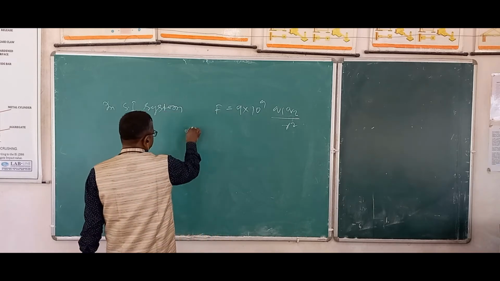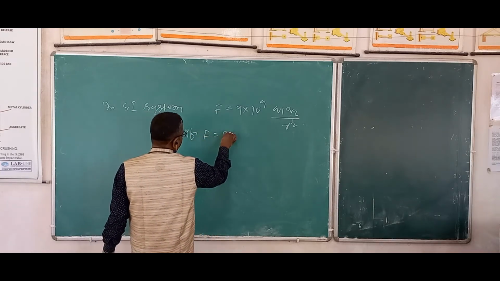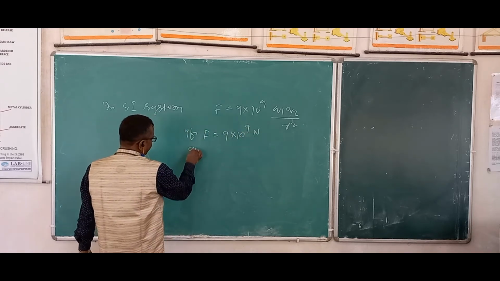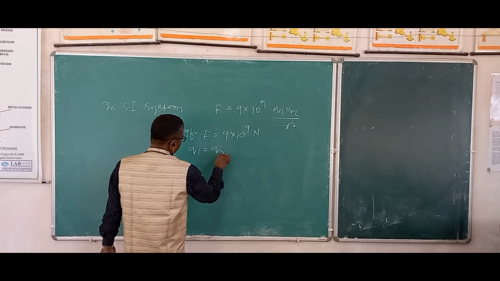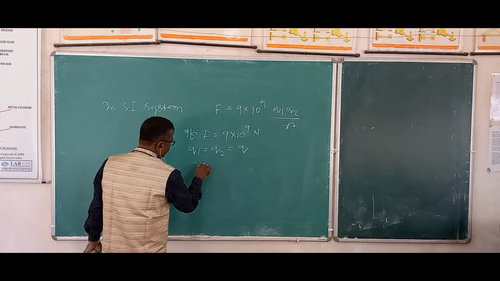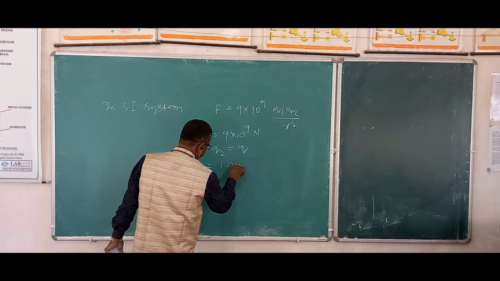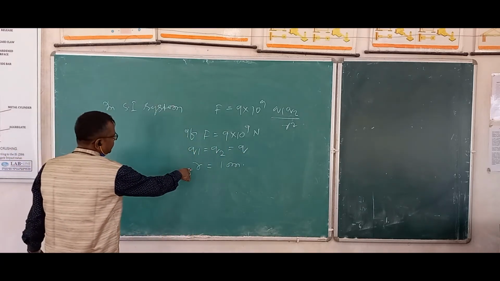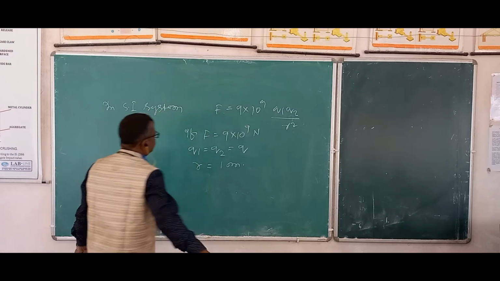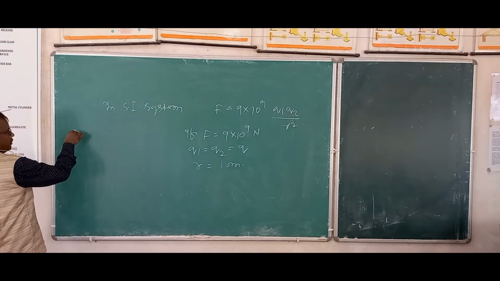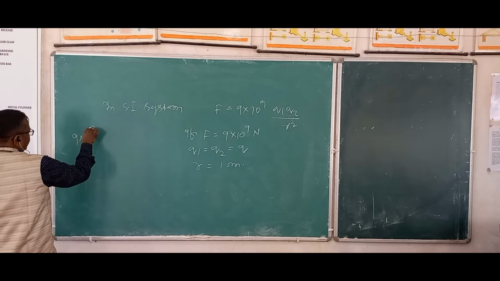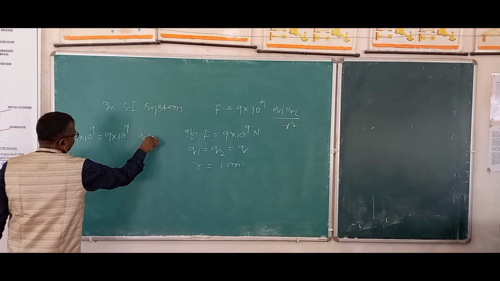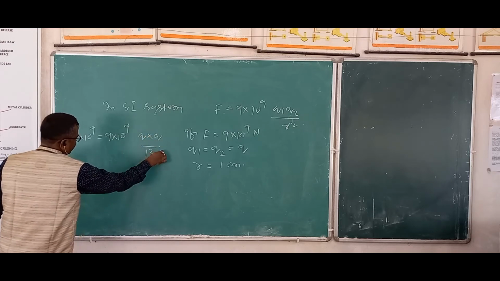That is, if F is equal to 9 into 10 to the power 9 Newton, Q1 is equal to Q2 is equal to Q, R is equal to 1 meter, then putting the values in this equation, 9 into 10 to the power 9 is equal to 9 into 10 to the power 9 Q into Q by 1 square.